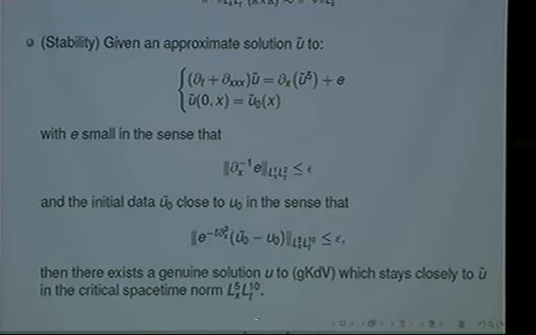So you can understand that small data global existence or local existence is a corollary of this stability.